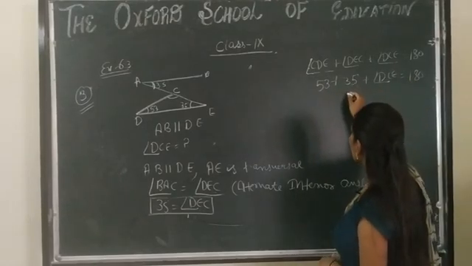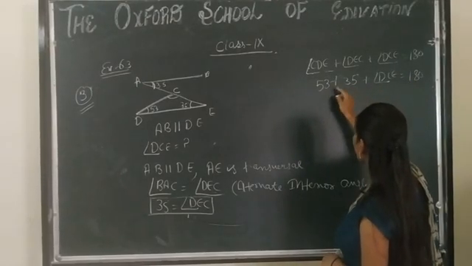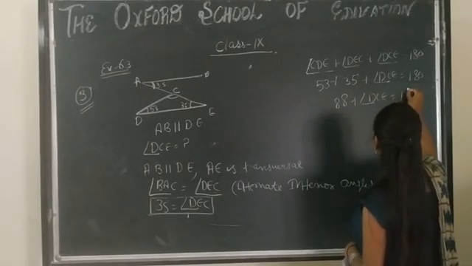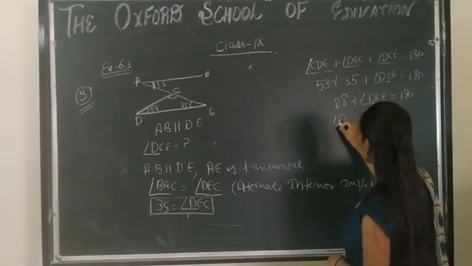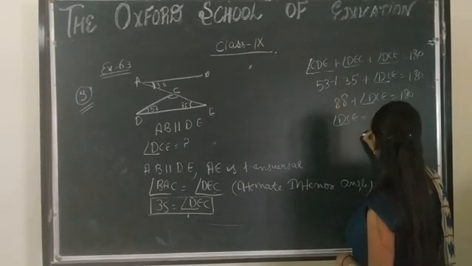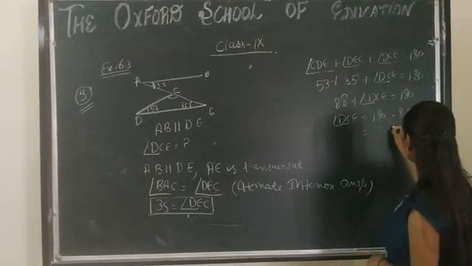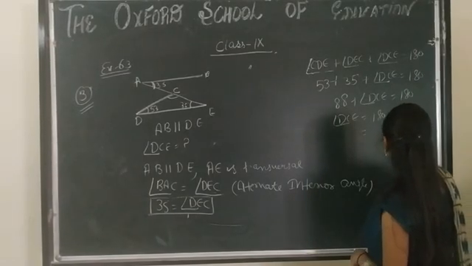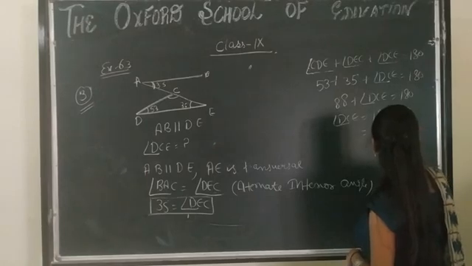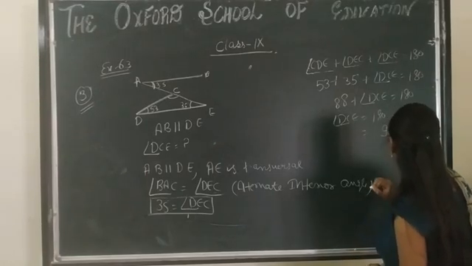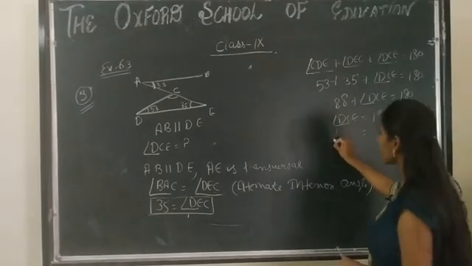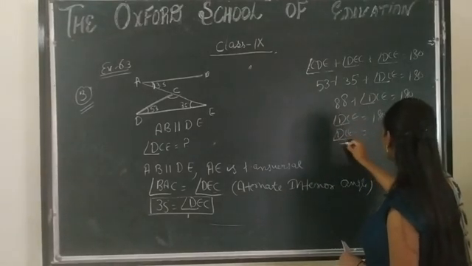So the sum of these, 53 plus 35, is 88. 88 plus DCE is equal to 180 degree. Now you know how to solve this equation. Subtract 88 from 180, we get 92 degree. So angle DCE is 92 degree.